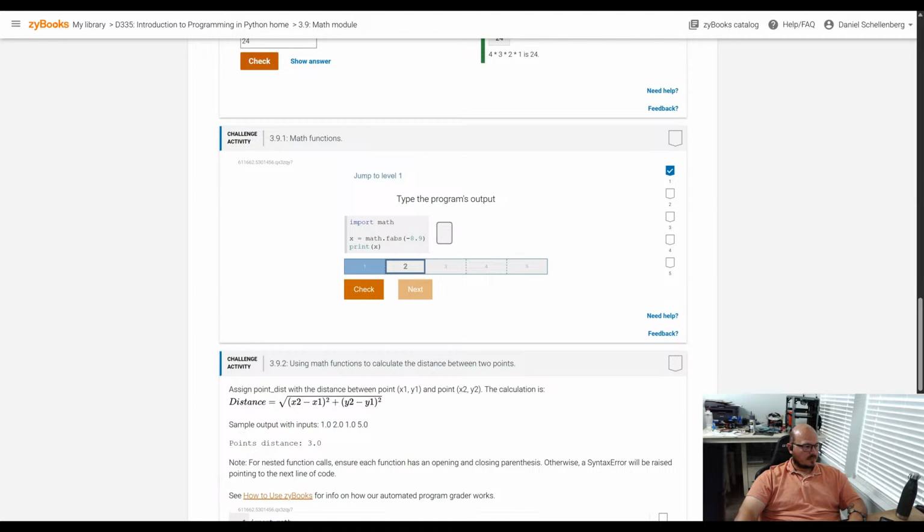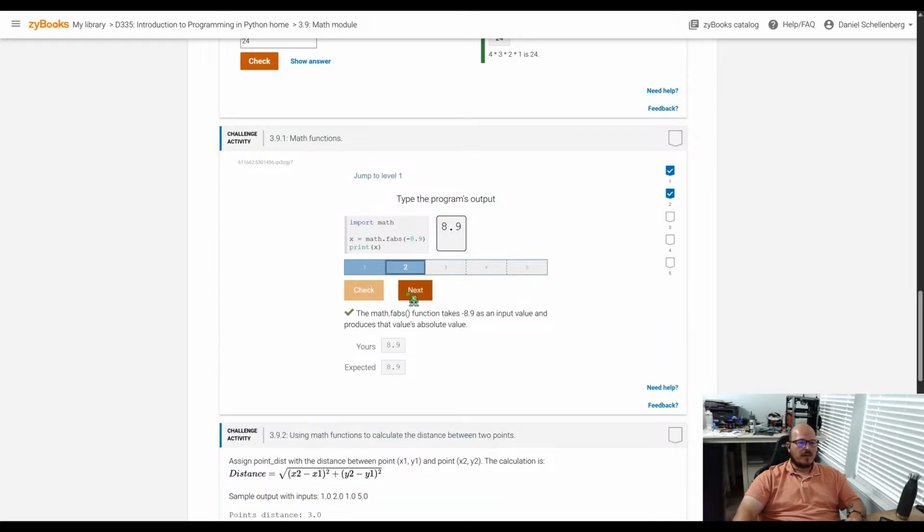So is it saying that an absolute value is a non-negative number? So it's just going to be 8.9? Is that what it's saying? Ah, yeah. Okay.